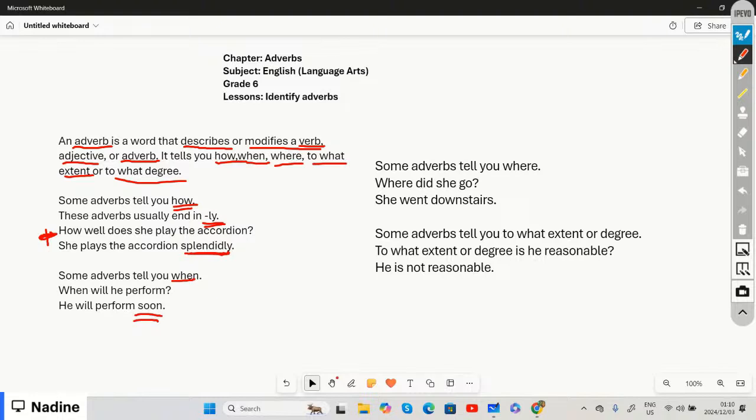So soon is the word that tells us when he will perform. And as you can see, it does not end with an ly. It is just soon. That word soon just tells us when he will perform. So when will he perform? Soon.